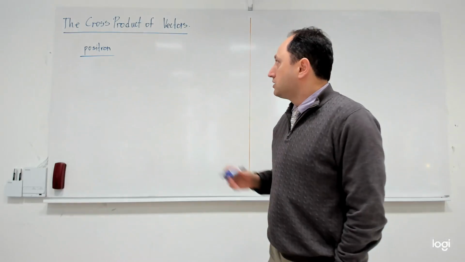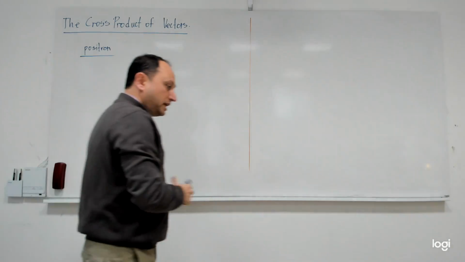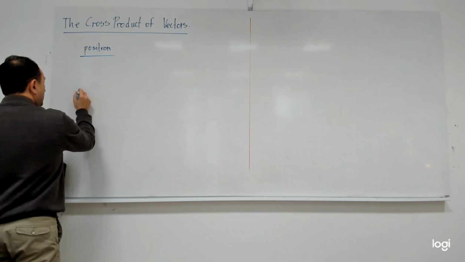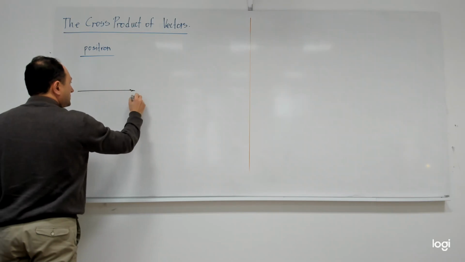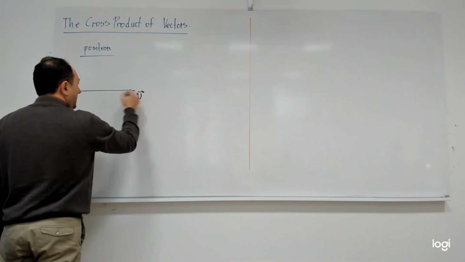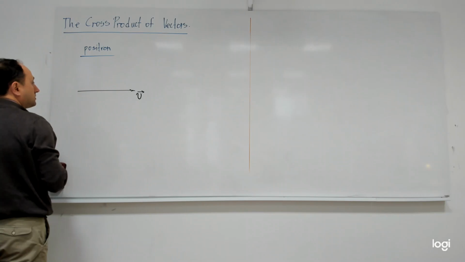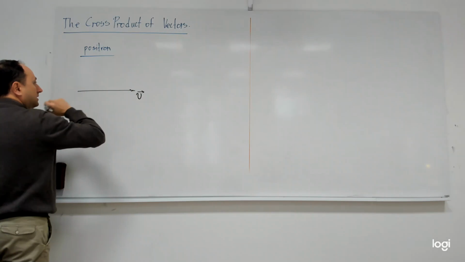So this is a little bit better to discuss here. We learned that if the velocity of the positron is in this way, so I have a vector involved, the velocity of the positron, and then what I have is a magnetic force.